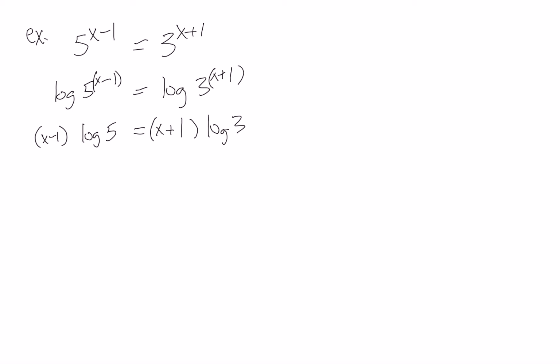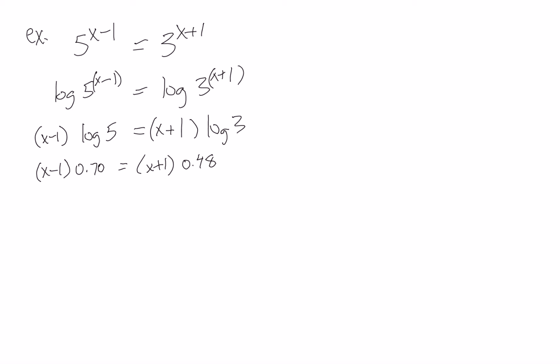Okay, and now remember log 5 and log 3 are just decimals, so let's actually figure out those decimals. So log 5 is 0.69 or 0.7 roughly. So that would be x minus 1 times 0.7. And on the other side, log 3 is 0.48.